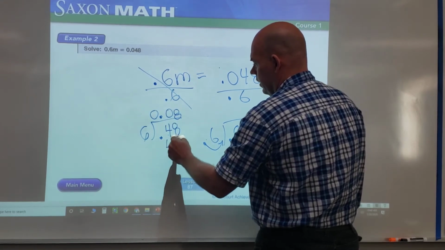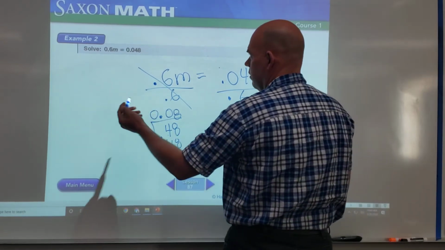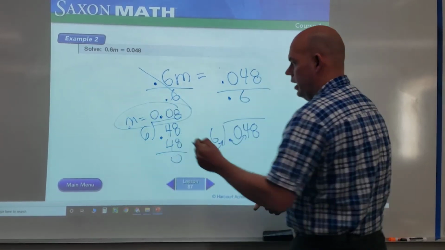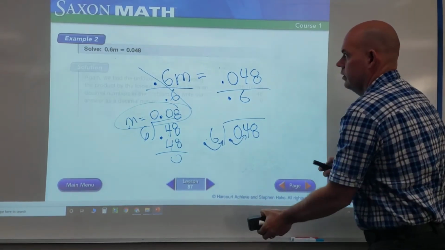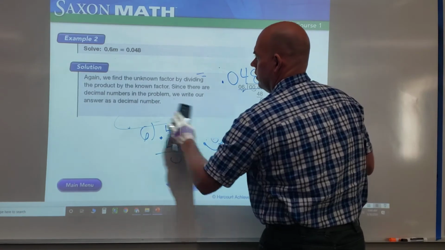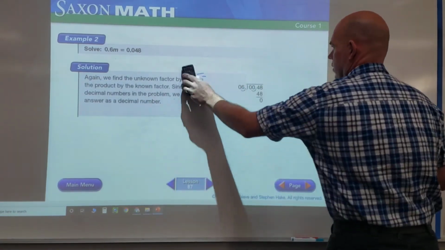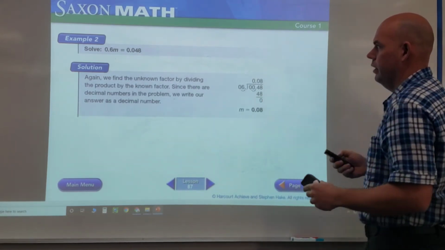And then we get the 48 with no remainder. So our answer here is just going to be m equals 0.08. So they're just showing again, move the decimal over, and we get 0.08.